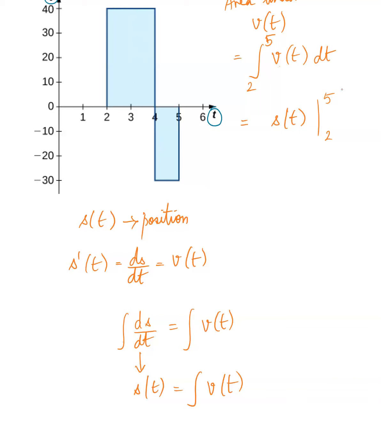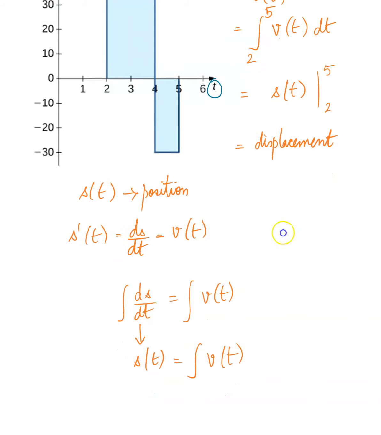So when a position is changed, the change in that position is called the displacement. So technically, area under the curve is the displacement. Now, if we wanted net displacement, we'll keep it as it is. If we want total displacement or the total distance traveled, then we'll throw in the absolute value. And we're going to do that over here.